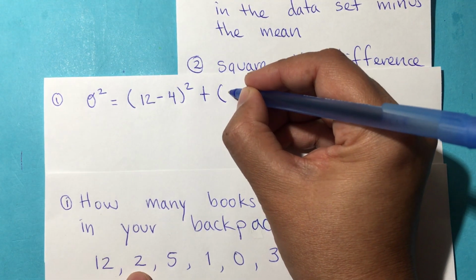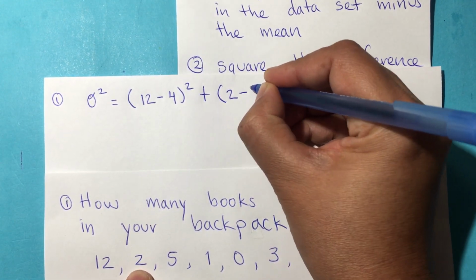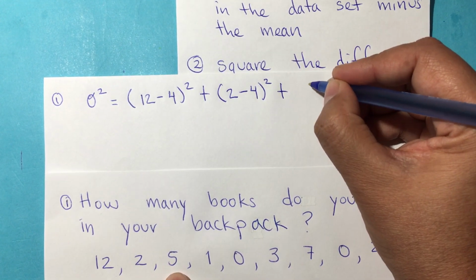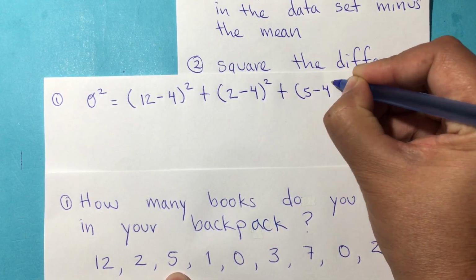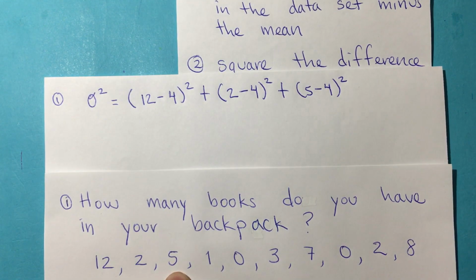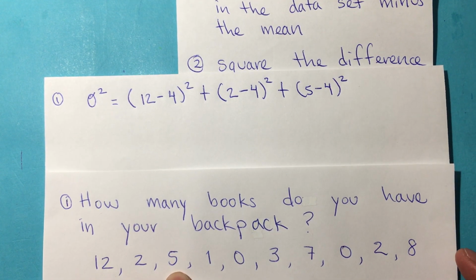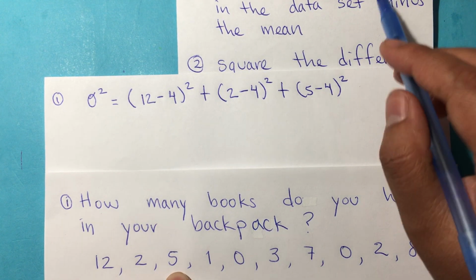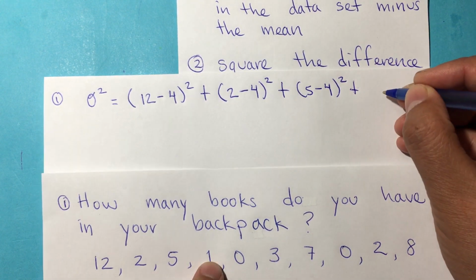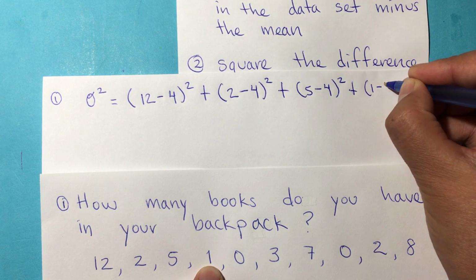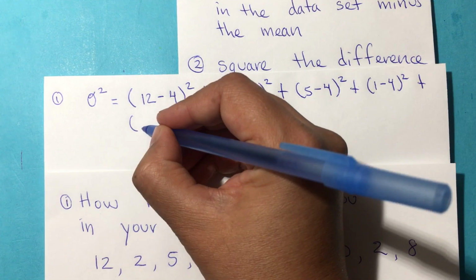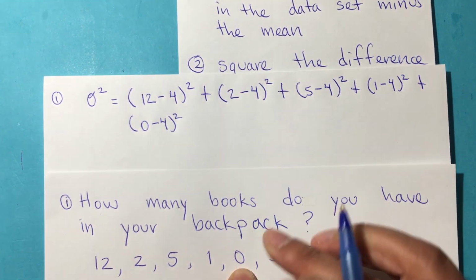So the second number in the set is 2 minus the mean, which is 4. Square that, plus 5 minus 4 squared. So the second number will always be minus 4 because you're just subtracting the mean. Okay, and so the next one is 1 minus 4 squared plus 0 minus 4 squared.